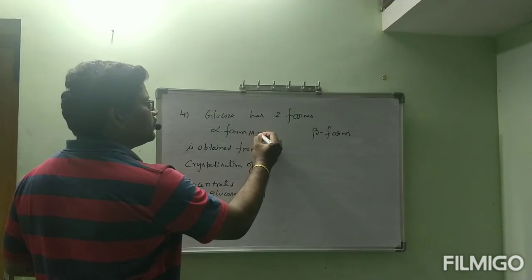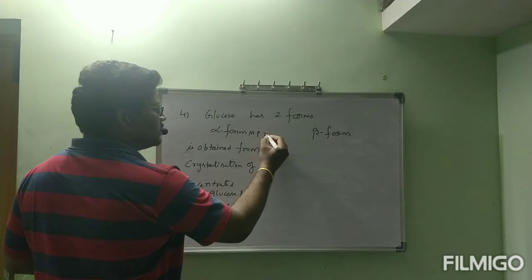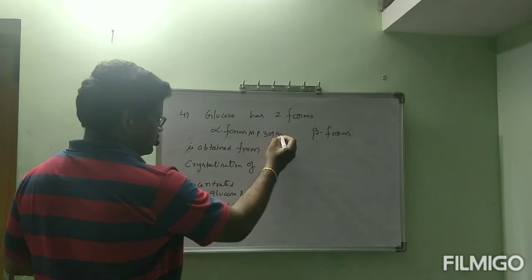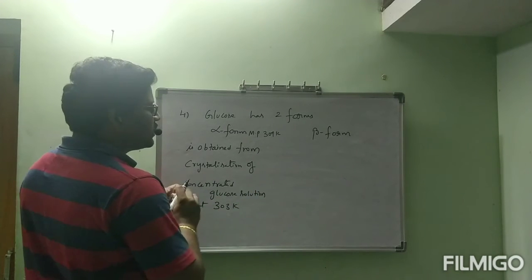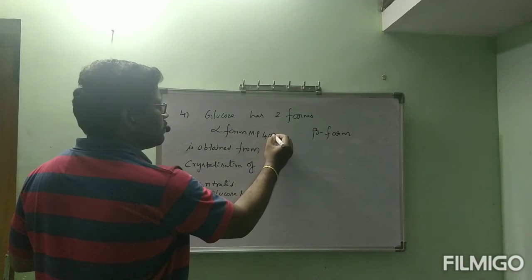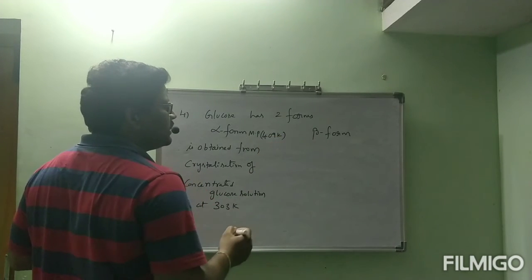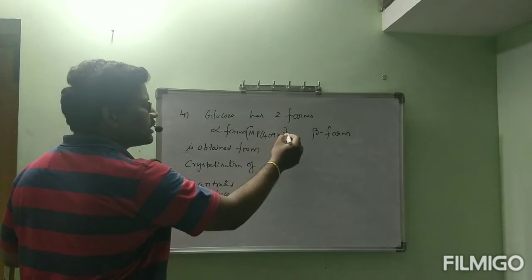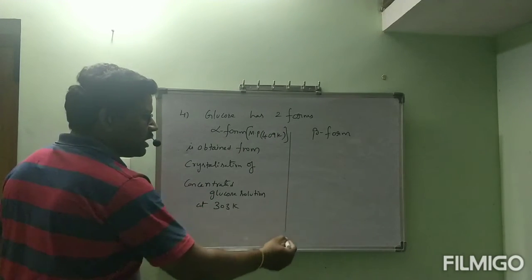The melting point, I think it is 309 Kelvin. Sorry, 409 Kelvin for the alpha form.